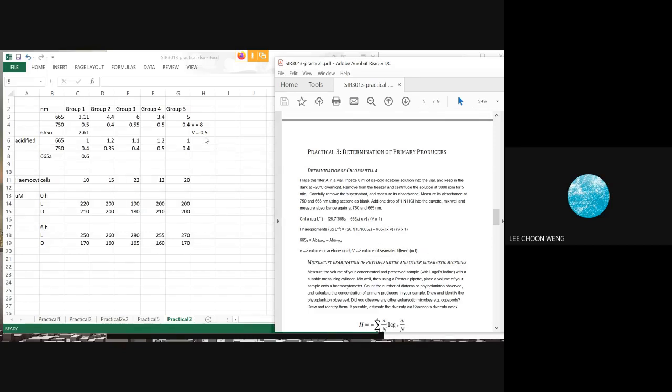So use this formula to calculate 665O, 665A, and then calculate the chlorophyll A, and also the paleopigments for group 1 to group 5.